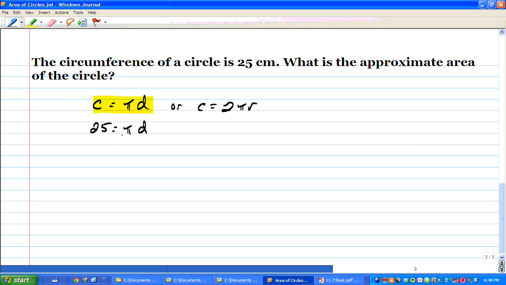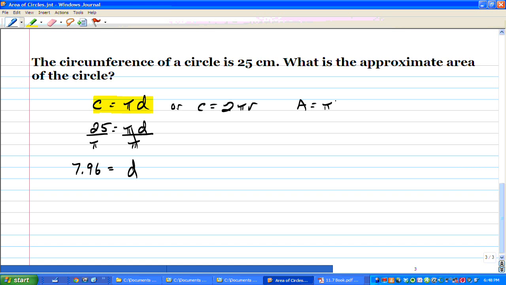So if I divide both sides by pi, and again, I'm going to use 3.14 for pi, the diameter then of the circle is about 7.96.